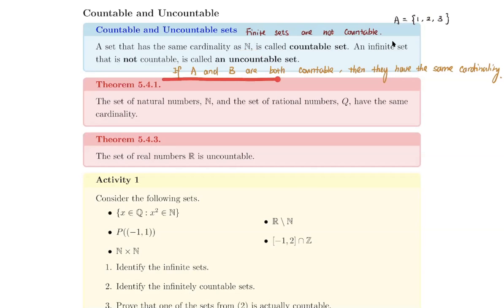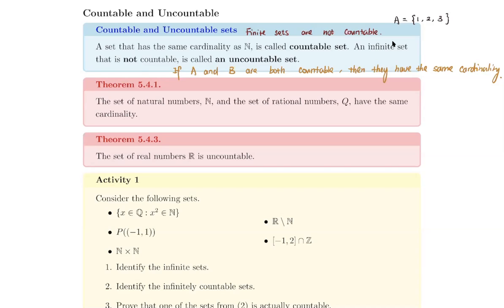But this statement is not true if we change countable to uncountable. If A and B are uncountable, then you don't know if they have the same cardinality. Why is that? Because for uncountable sets, you might have, for example, a set that has the same cardinality as the real numbers. You might have a set that has the same cardinality as the power set of the real numbers.